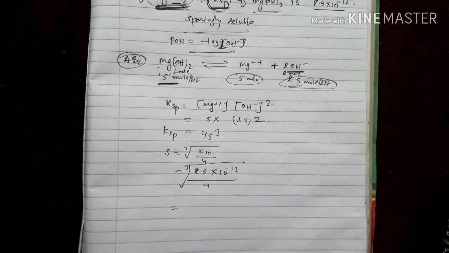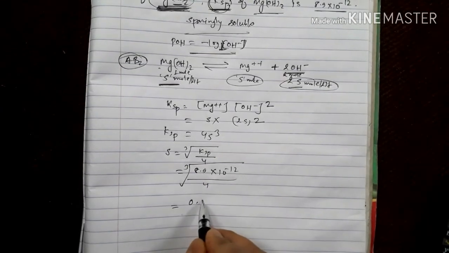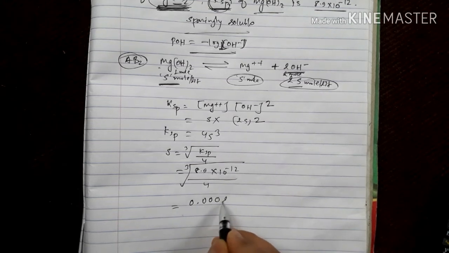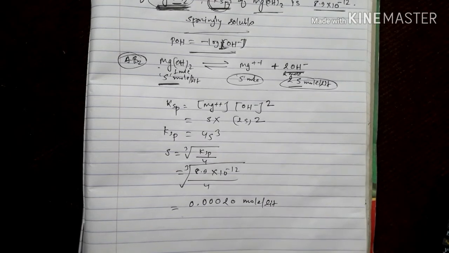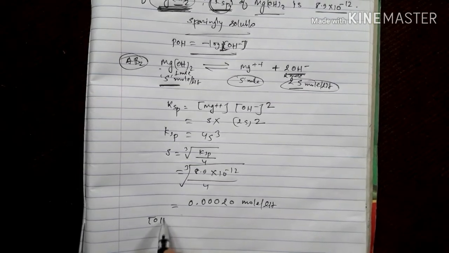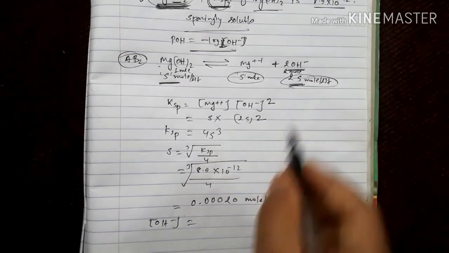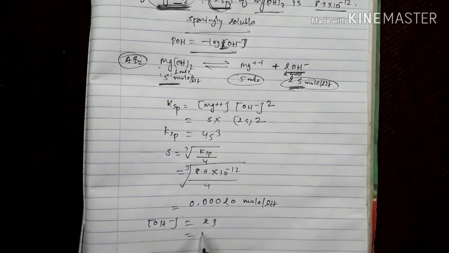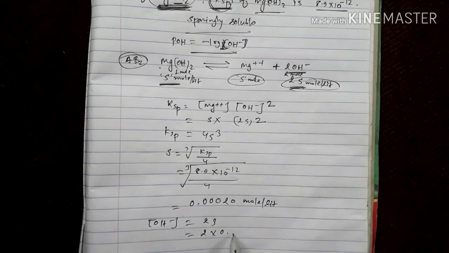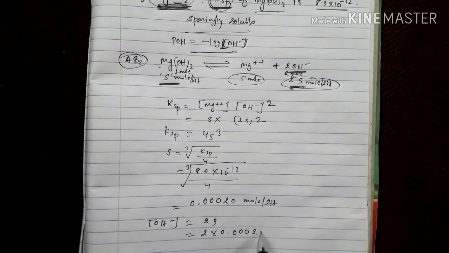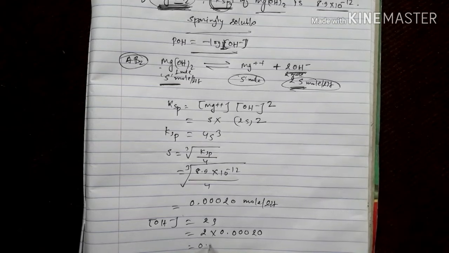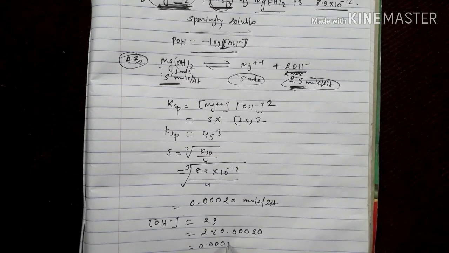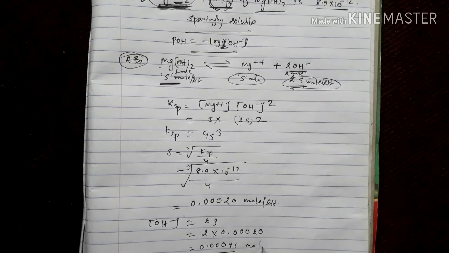The solubility will be 0.00020 moles per liter. The concentration of OH minus is 2S, twice the solubility, that is 2 into 0.00020. The value will be 0.00041 moles per liter.